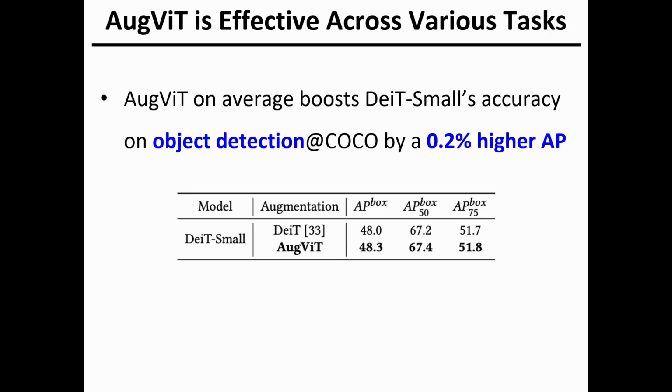And on object detection, the superiority of AugViT also stands, where we can achieve 0.2 higher AP on average when doing object detection on the COCO dataset.